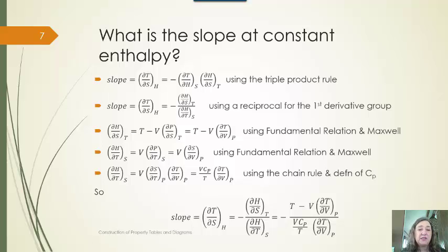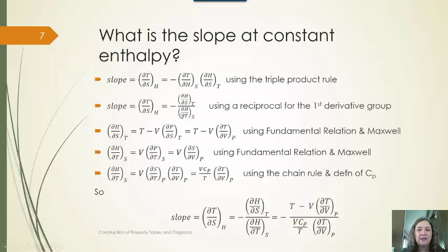That is interesting, but I don't really know what that is. Whenever I see S in the expression, it's not going to be one of my measurable variables. So what I can do is use the Maxwell relations. The Maxwell relation for dP/dS at constant temperature is dT/dV at constant pressure.